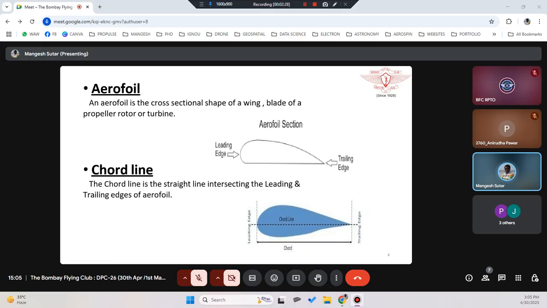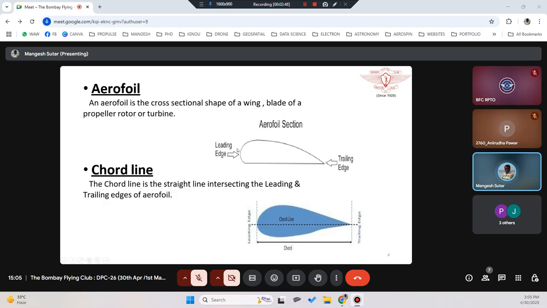So you can see this is a cross section of the wing. The wing is something like this, a curved upper surface, whereas the below surface is a plane surface. So this is the airfoil section of a wing, the cross-sectional shape of a wing. This is called an airfoil.